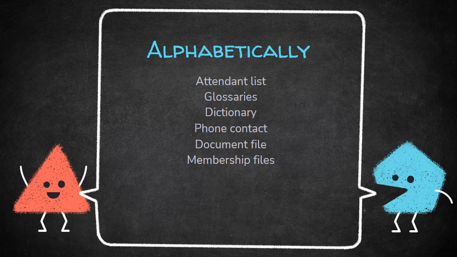Alphabetically, so there are some reading materials that work alphabetically, such as an attendance list. When you try to find a certain name on the attendance list, you have to notice the first letter of the name.